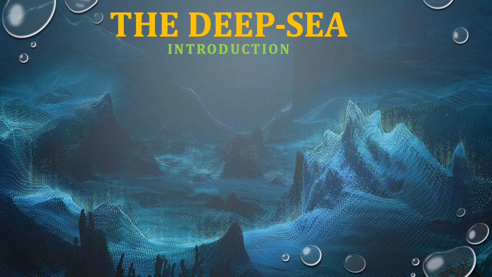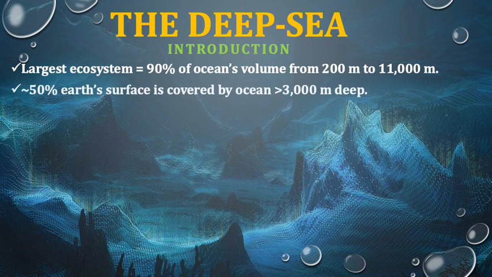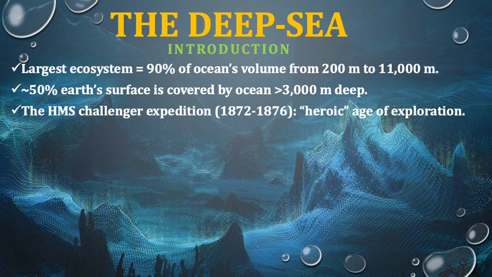All right. So, as an introduction, the deep sea is by far the largest ecosystem on our planet, comprising about 90% of the volume of the oceans, with a depth between 200 meters and 11,000 meters below sea level. It is estimated that about 50% of the surface of the Earth is in fact covered by ocean that is more than 3,000 meters deep.